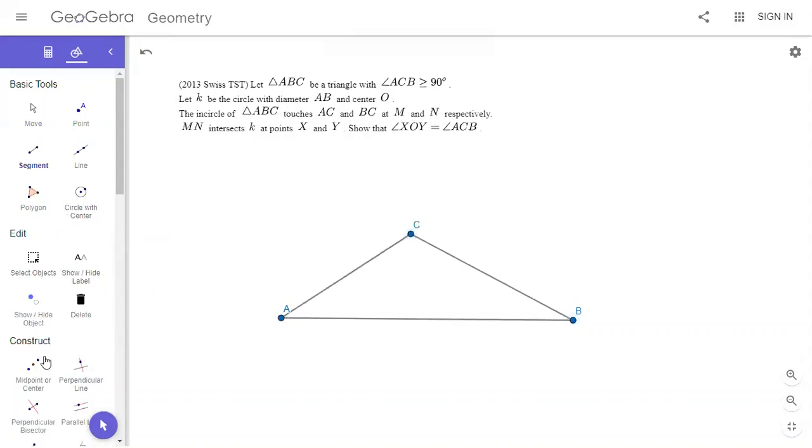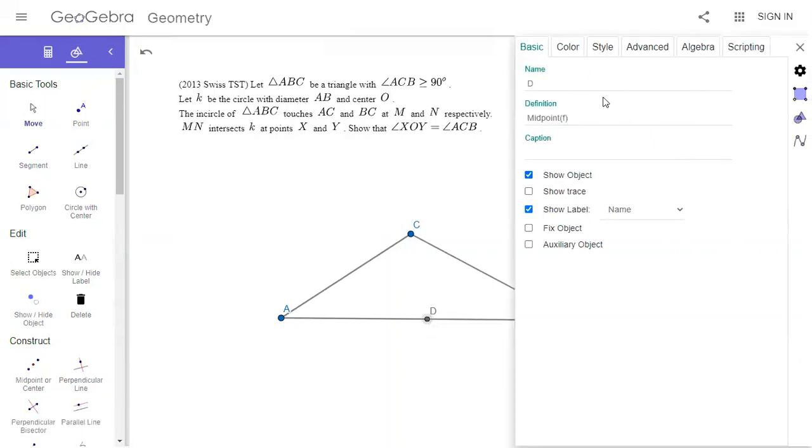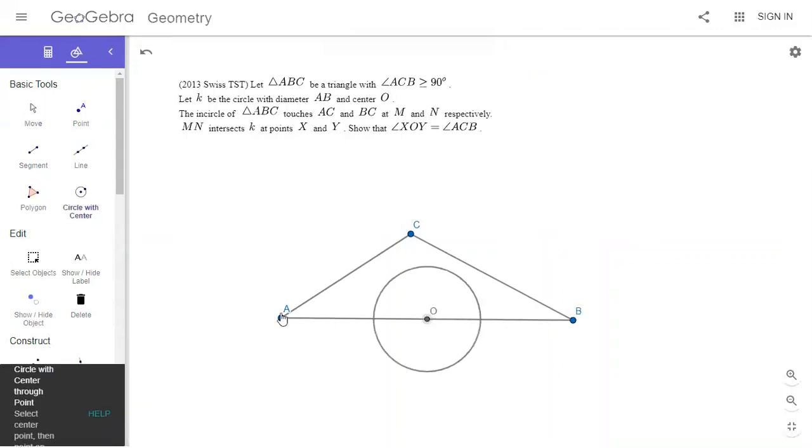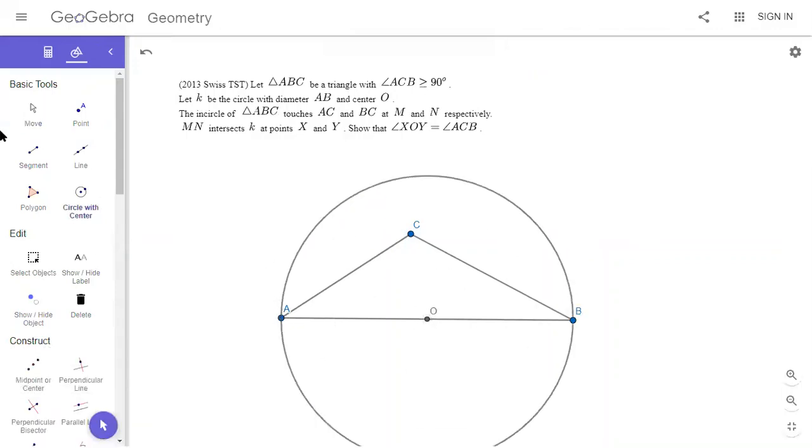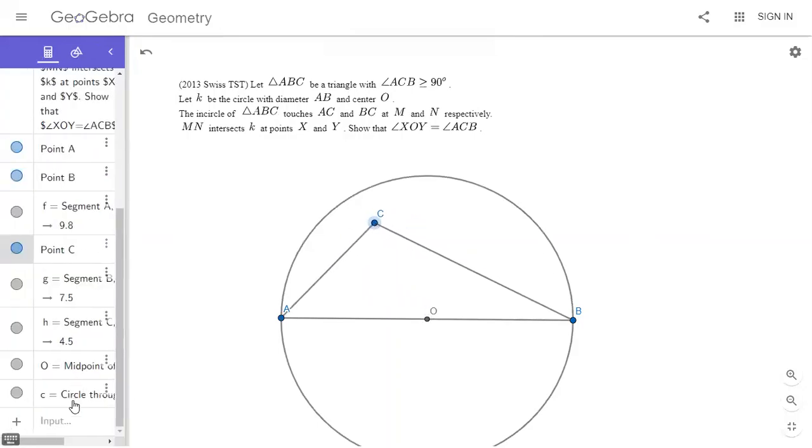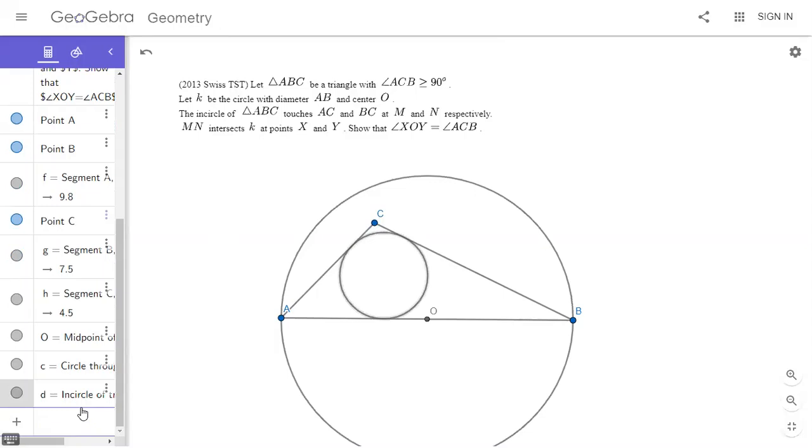K is the circle with diameter AB and center O. Let's call this O. Let's draw a circle, the circle of ABC. So I'm going to draw that in. Okay, I'm not going to draw the center yet.